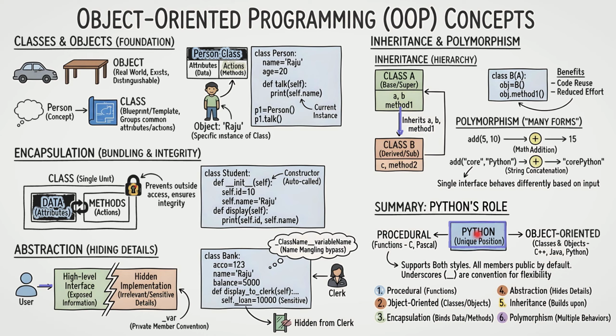So, whenever you are designing a system, remember these core ideas. Procedural relies on functions, object-oriented relies on objects, encapsulation protects your data, abstraction simplifies your interface, inheritance promotes code reuse, and polymorphism gives your code flexible, adaptable behavior.